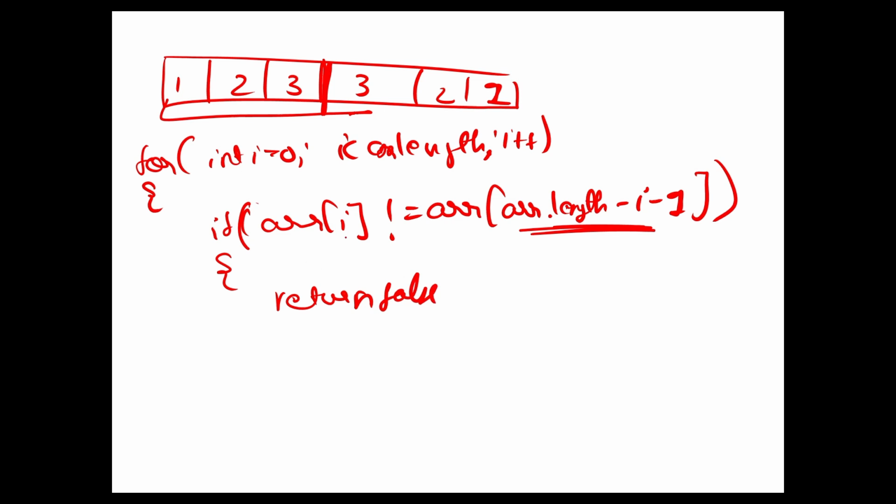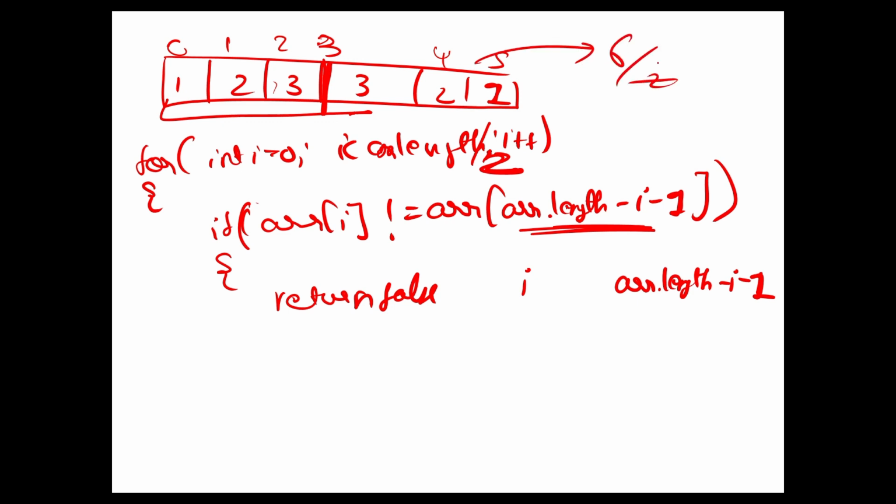So in this, I am checking i and arr.length minus i minus 1. Firstly, I am checking the elements at indexes 0, 1, 2, 3, 4, and 5. I am running my loop till half. The length is 6, so 6 divided by 2 is 3.